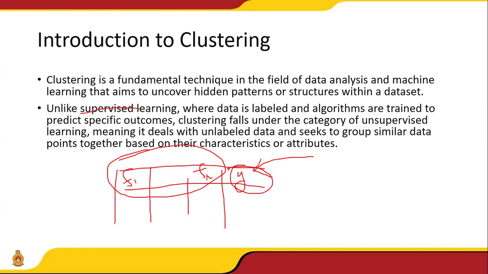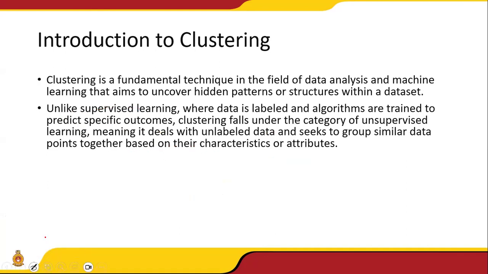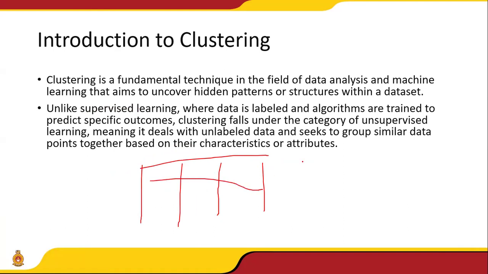But once it comes to clustering, the story is different because we don't have a column of feature names. So the feature space is unrecognized. It's just some data we have. So it's basically unsupervised learning. That means we are dealing with unlabeled data, without labels.